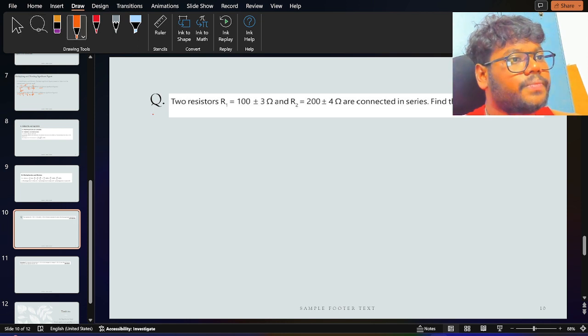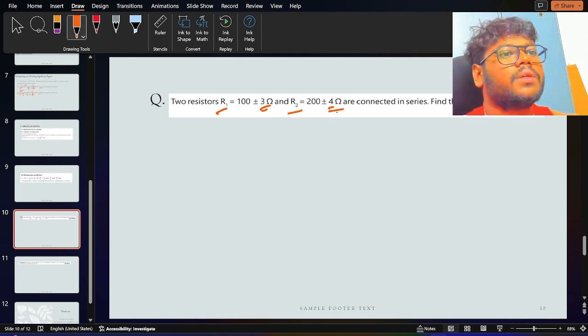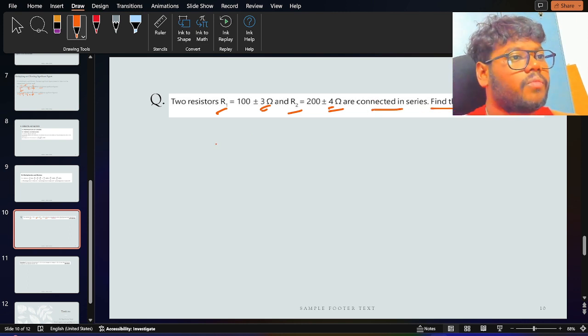We are provided with two resistors R1 and R2, with small errors from the measuring device, connected in series. Find the equivalent resistance for the series. What is the formula for equivalent resistance?